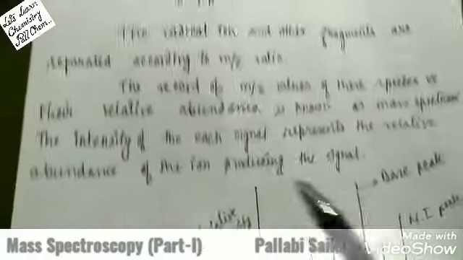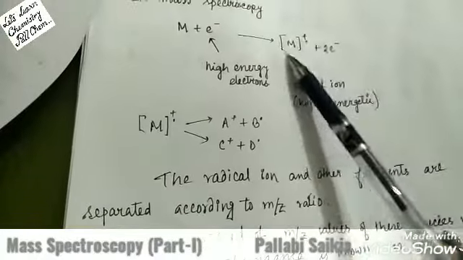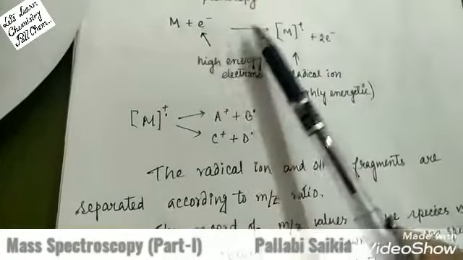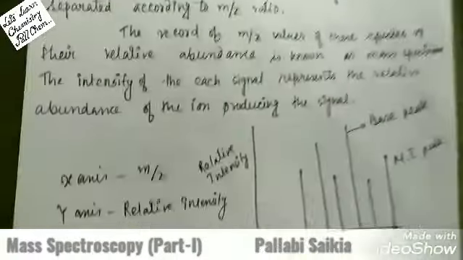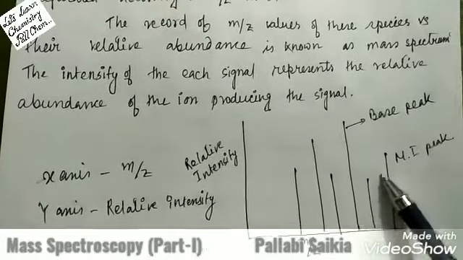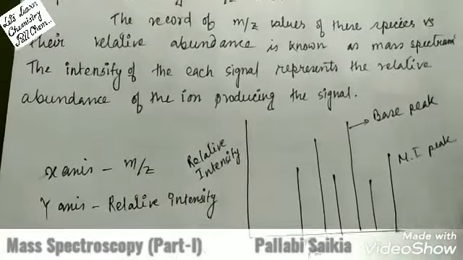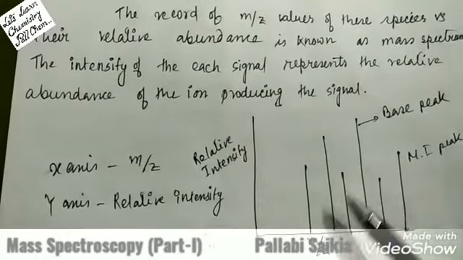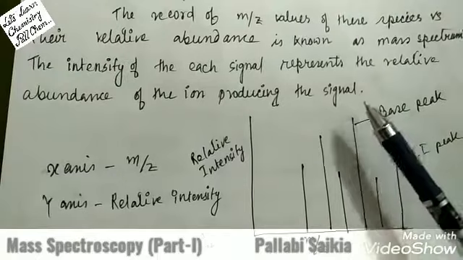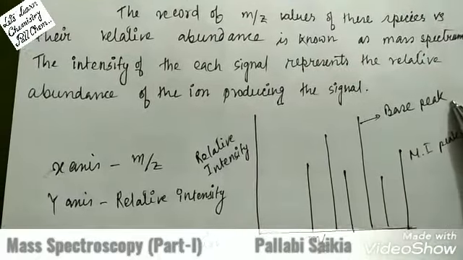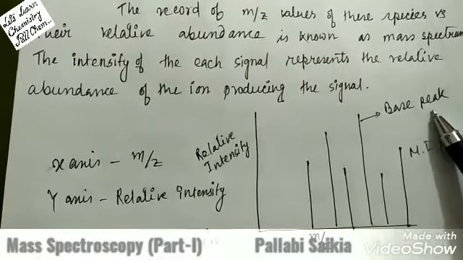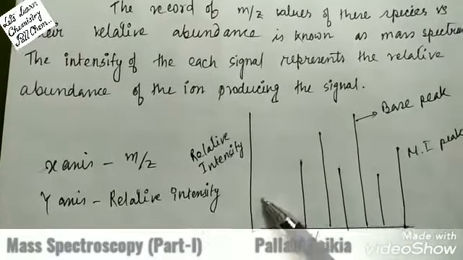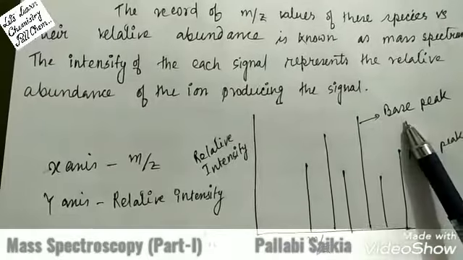Here the parent ion, the radical ion which is formed after bombardment with the electron beam, is the molecular ion, and the peak at the extreme right-hand side will be the molecular ion peak. The peak with the highest intensity is called the base peak, and its intensity is taken as 100%, and the other peaks are considered relative to that base peak.